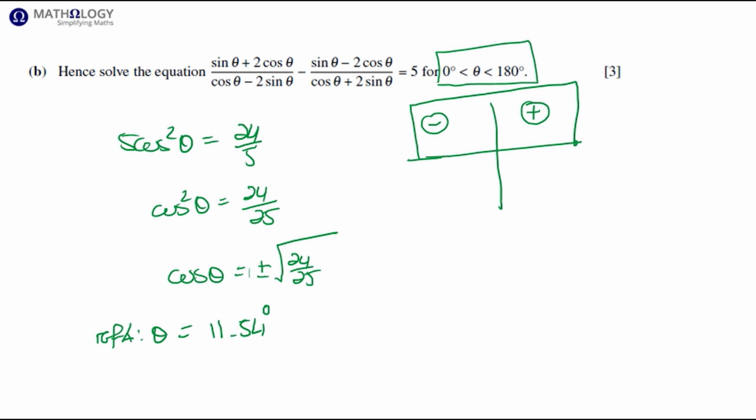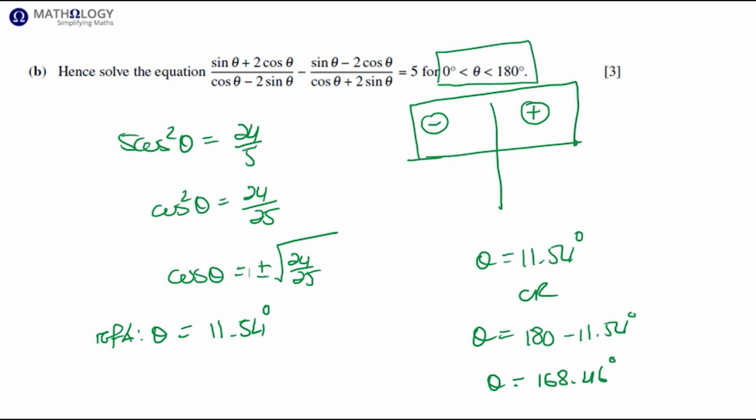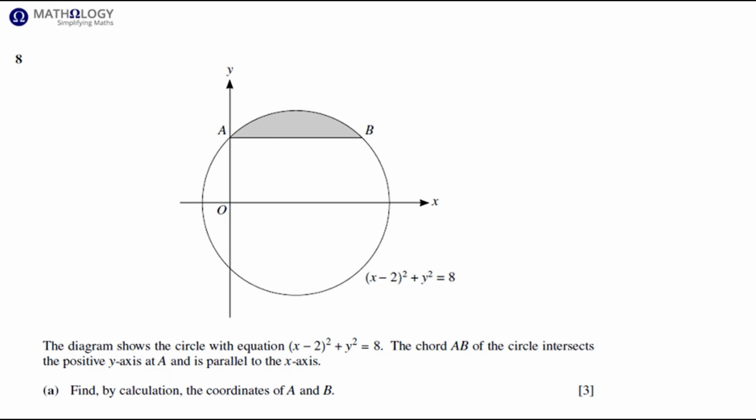The first solution will be in the first quadrant, that is the acute angle. So theta is 11.54 degrees, or theta is in the second quadrant, 180 minus 11.54 degrees, which is 168.46 degrees.